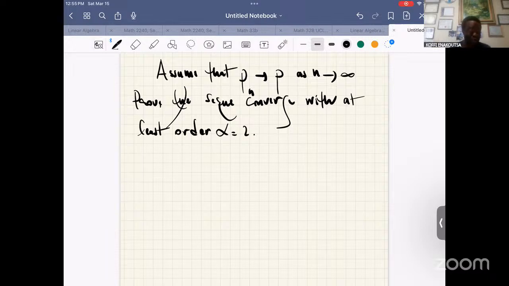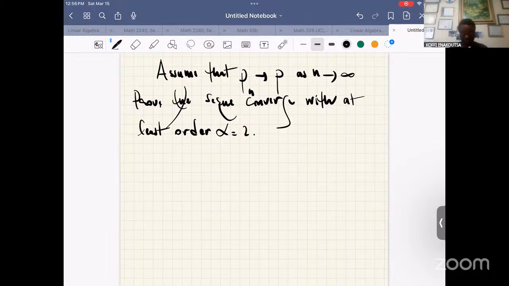So look, if you're under the assumption that the fixed point iteration converge, the order of convergence is connected to the number of vanishing derivative of the function g, okay? And that function is the one that is involved in the FPI methodology.